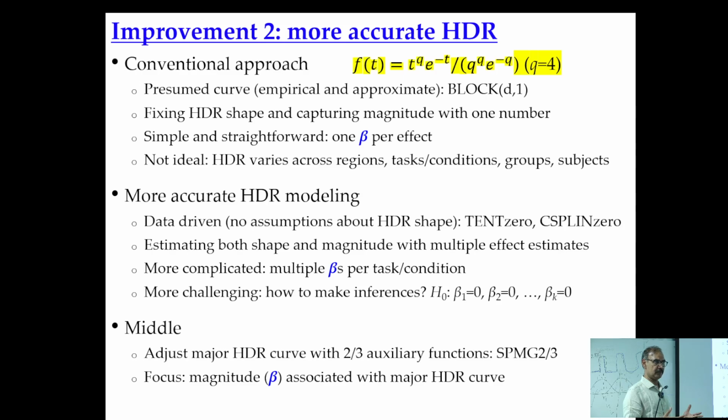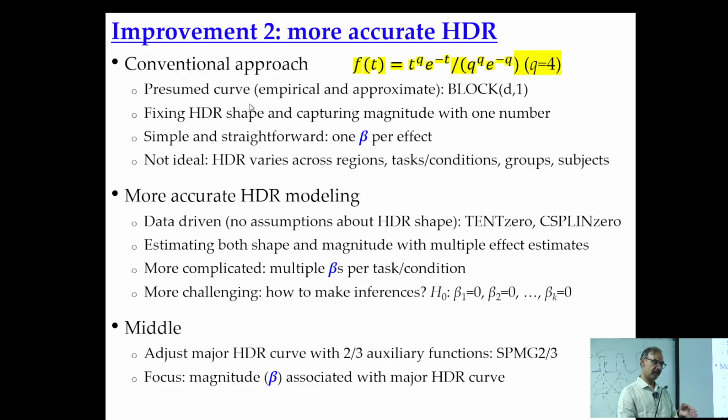And I can assume it and use it. However, if I don't want to make that assumption, then I have to estimate the underlying hemodynamic function using many different ways.